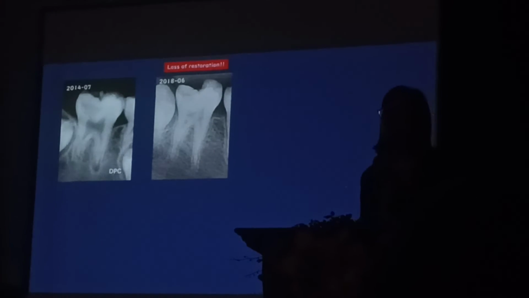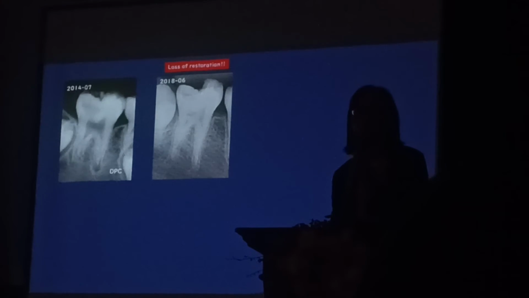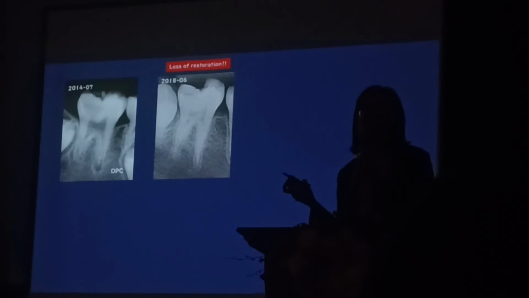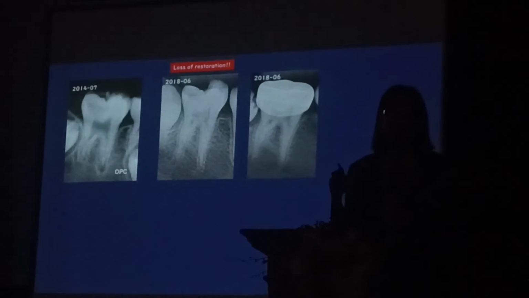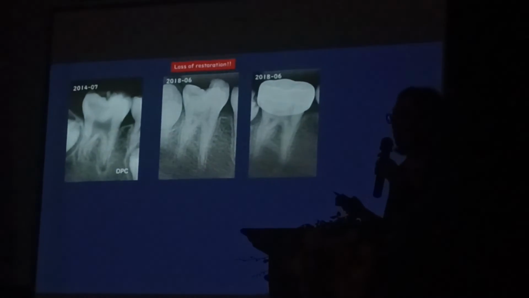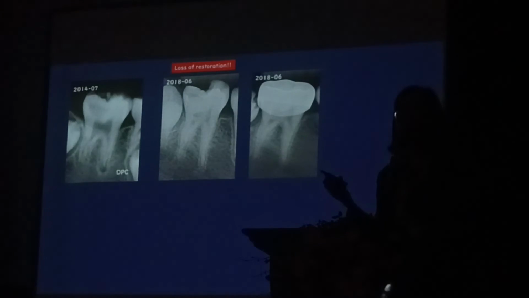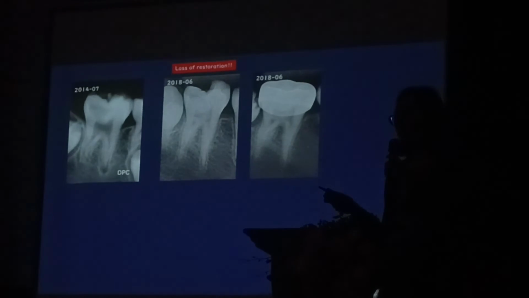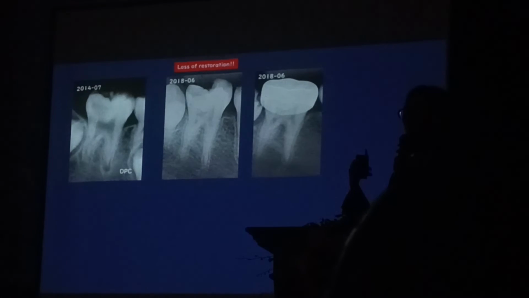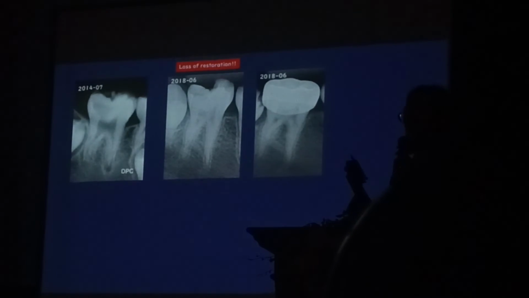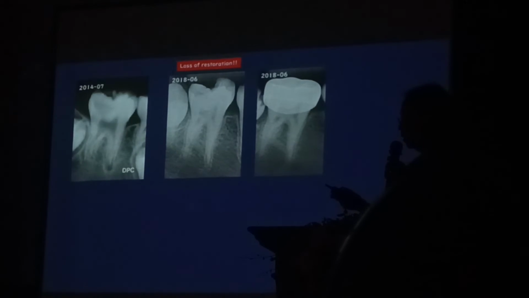But we don't know for how long the restoration had been lost. So one of my students placed a stainless steel crown on it because it looked okay at that time, but we don't know, maybe there was some contamination; the restoration and pulp dressing material had been lost for a while.